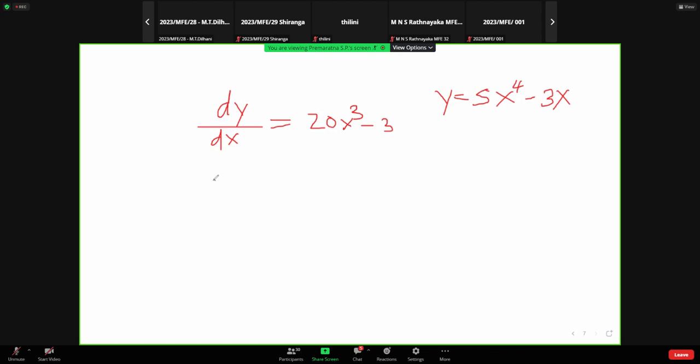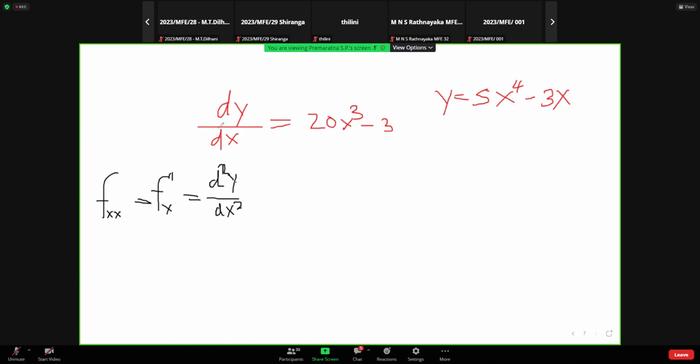Now, second order differentiation, when you write the symbol here, d²y over dx². So that's okay. Also you can write like this also. That's also second order differentiation. And also you can write like this also, differentiating 2 times with respect to x.